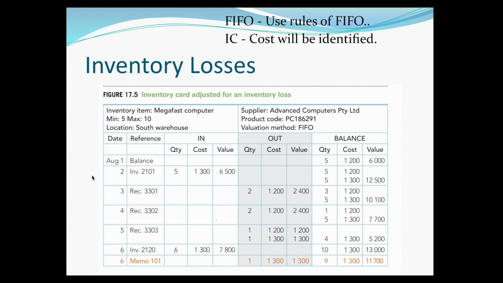So you have a receipt for when inventory is going out. Think of it from the perspective of the business, not the supplier or the customer. An invoice is when you have inventory coming in from the suppliers. But an inventory loss is recorded on a memo, and so is an inventory gain.